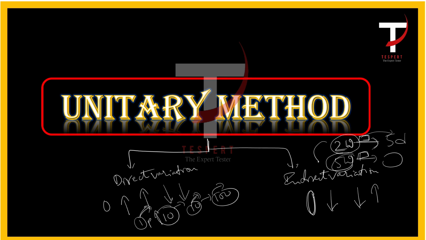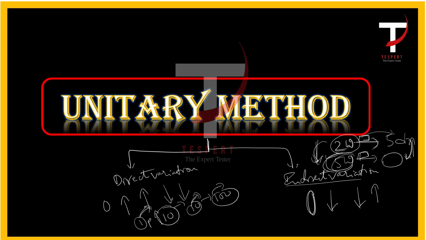Here from 2 to 5 the number of workers is increasing, so the number of days will decrease, because the number of workers has increased, so the required time will automatically get reduced. One entity is increasing and the other entity is decreasing, so it is an indirect variation.